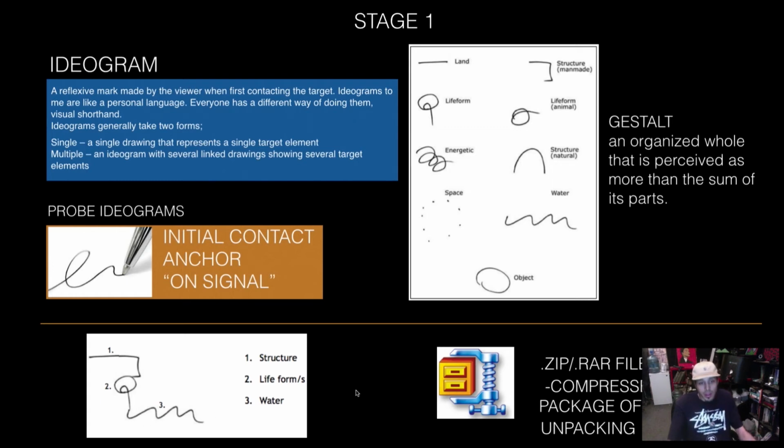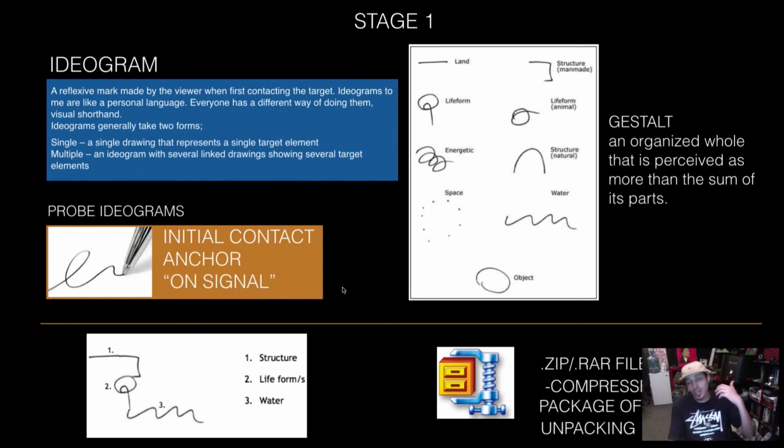If a remote viewer works a target and produces an ideogram like this, that would mean the target has structure, some sort of life form or life forms, and water. The target number itself doesn't mean anything. It's just arbitrary random letters or numbers, used to give the viewer a starting point.